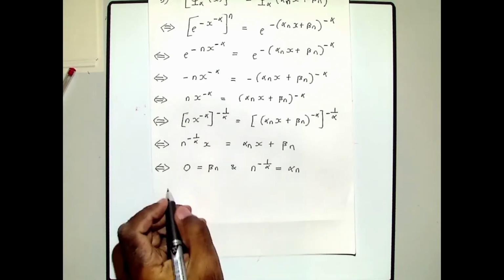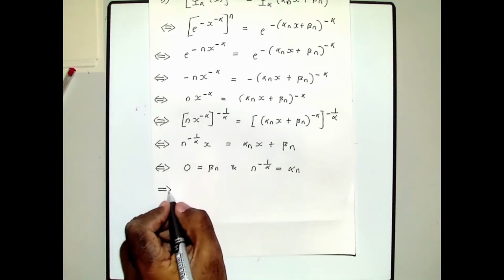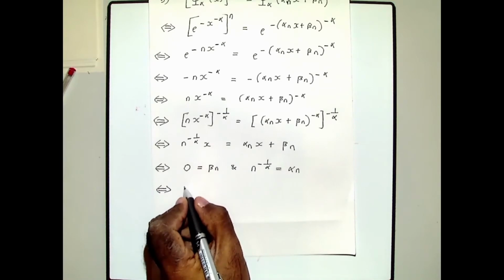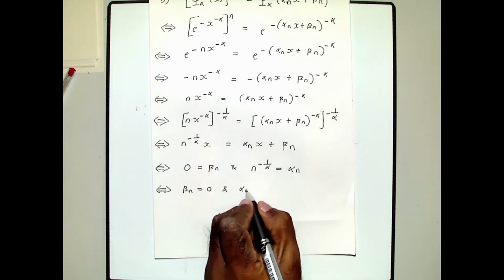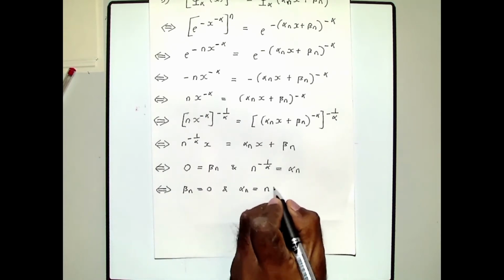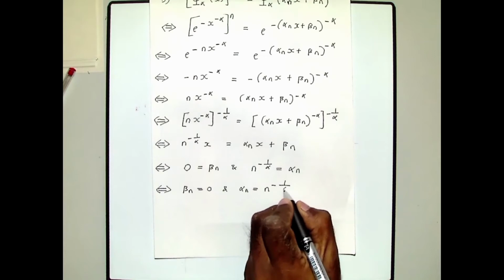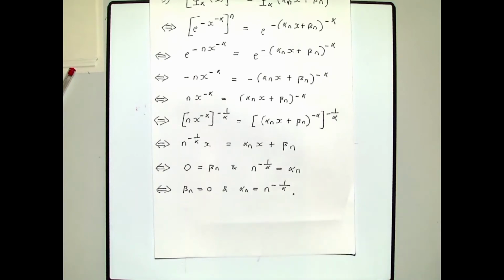So hence we have shown that the equivalent condition is that beta n is 0 and alpha n is this. So that completes question number 5 of sheet 1.